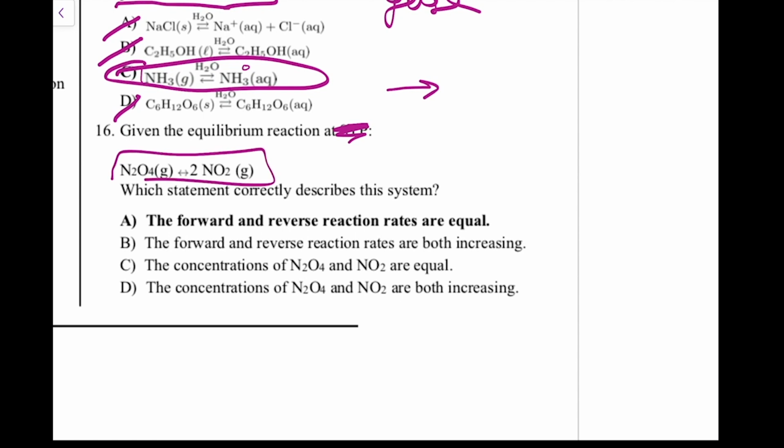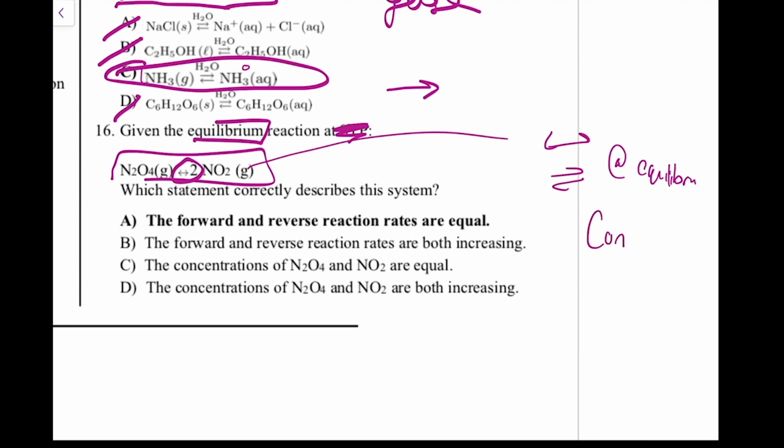So if we start from the bottom, and if we're at equilibrium and you see this double-headed arrow, that means at equilibrium. And again, we said that was concentrations were constant and the rates are equal. So the only thing that makes sense out of these 4 choices is A.